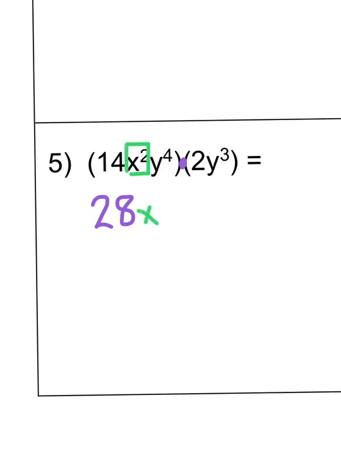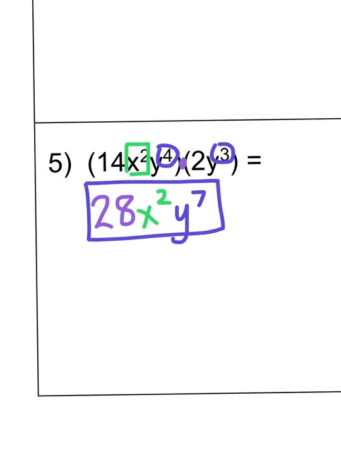The base must be the same in order to add the exponents. X squared will remain x squared. The base of y, though, will add those exponents. 4 plus 3, that's 7. We'll check for any other simplifications that we need to do. There's nothing. It is simplified.